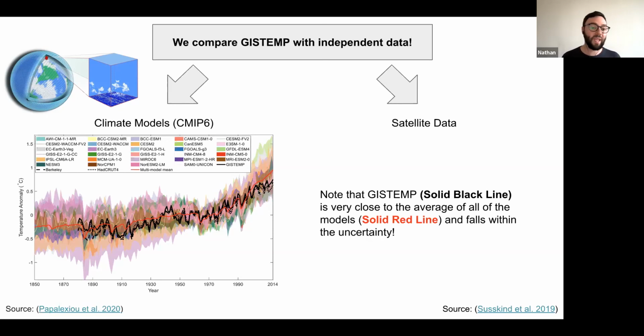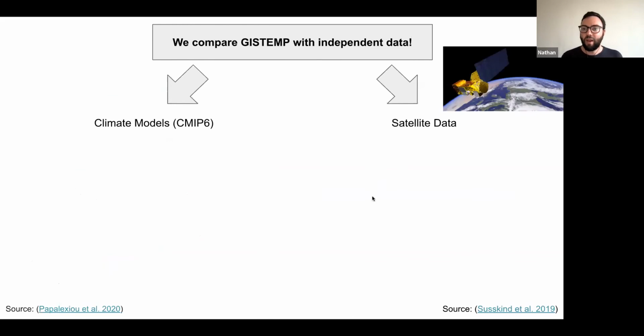So luckily I came prepared with a second source of evidence for why we really have a lot of faith in our observed temperature record, and that is from satellite data. And so up here in the top right is an artist's rendering of this satellite that NASA put up in the early 2000s.